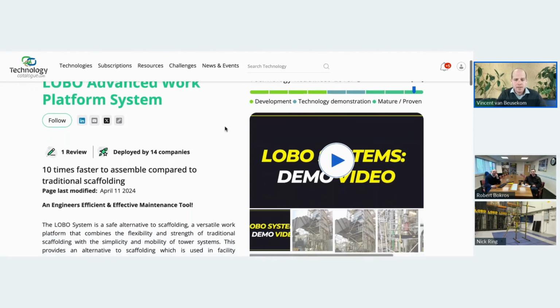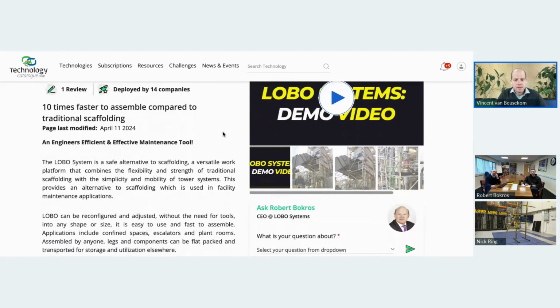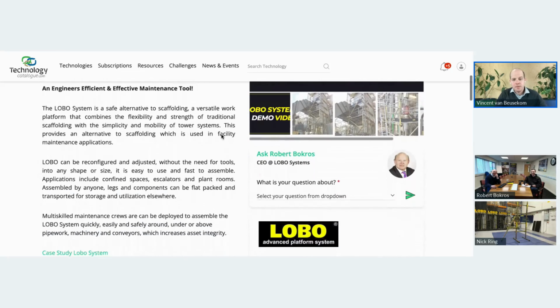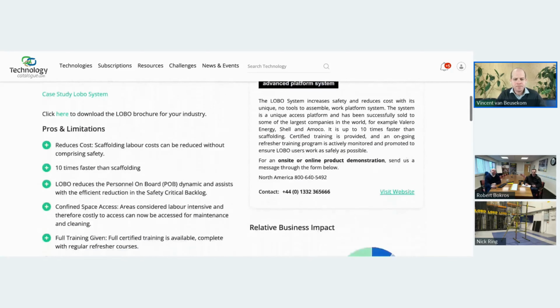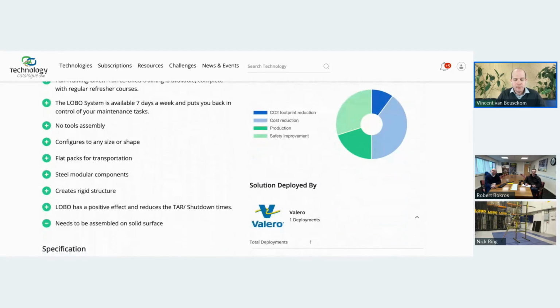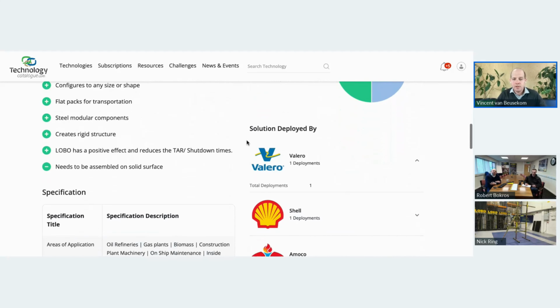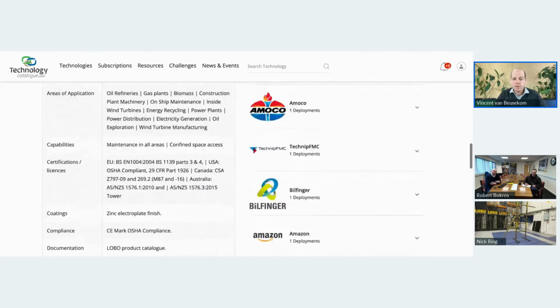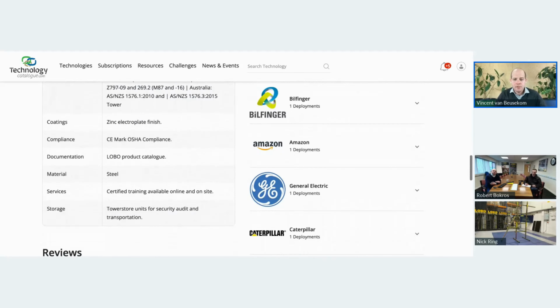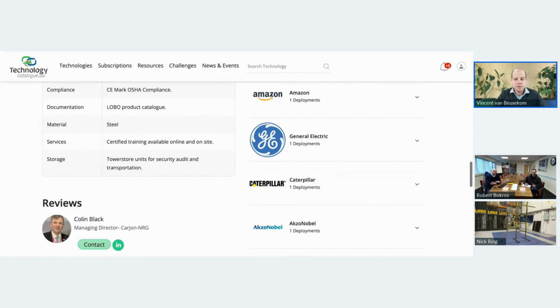You see here a page which summarizes all the information provided by Robert, who will take over in a minute. If you have any questions about this solution, you can ask Robert directly via the platform. In addition to all the information about the system, you will also be able to see deployment references from other companies in the energy sector, and also outside the energy sector, that are using this particular scaffolding solution.